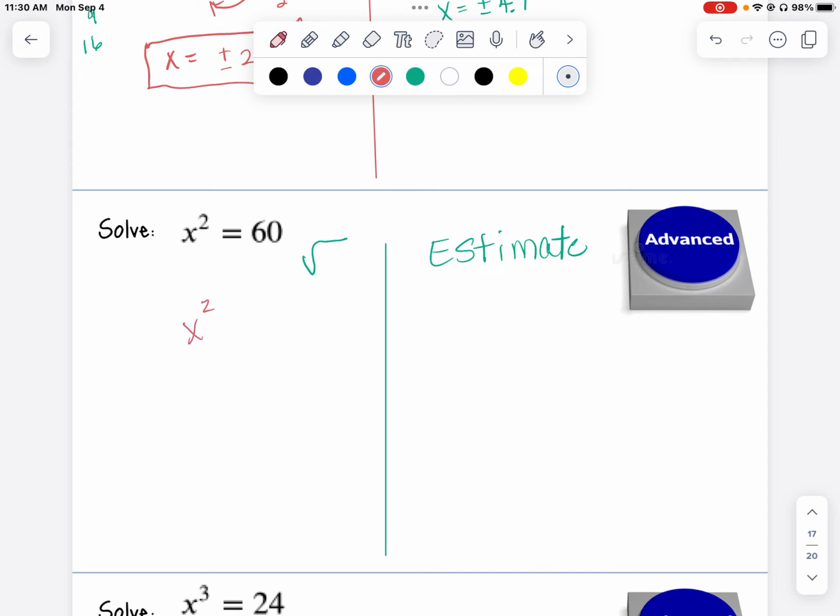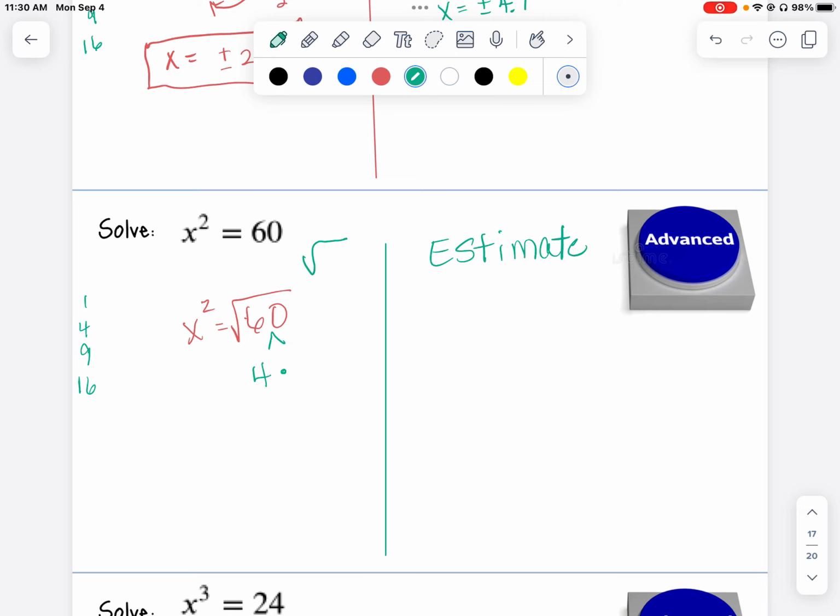If I have x squared equals 60, and I'm going to take the square root of it and break it up into factor pairs, I'm looking again for 1, 4, 9, 16. The only one that I can see working is 4.